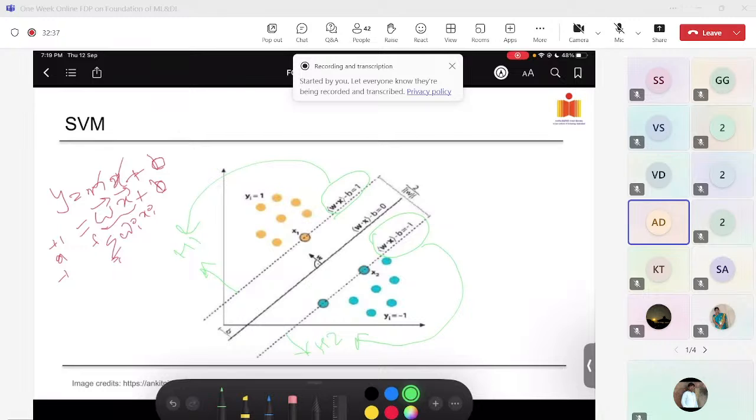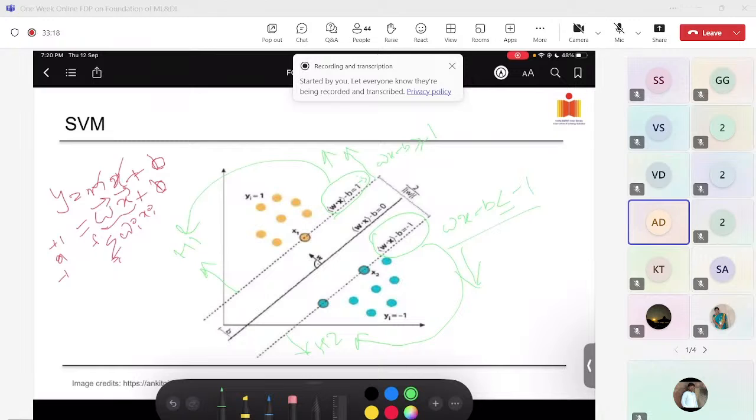These are the 2 equations we have, and everything greater than this equation, wx - b greater than or equal to 1, indicates that those points belong to the y = 1 class. Similarly, wx - b less than or equal to -1 covers all the points on this side, which means they belong to class -1. This is how you do the classification in SVM.